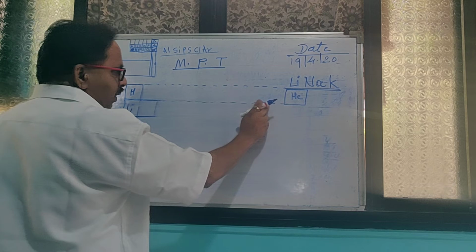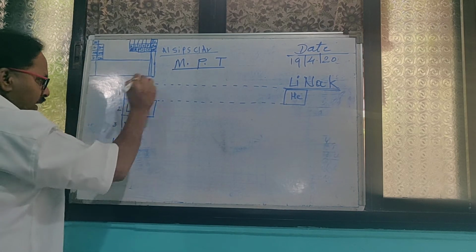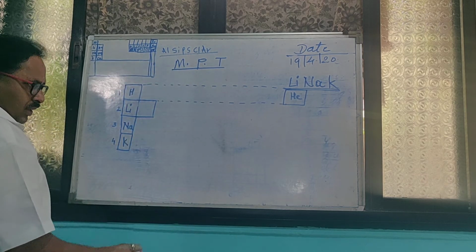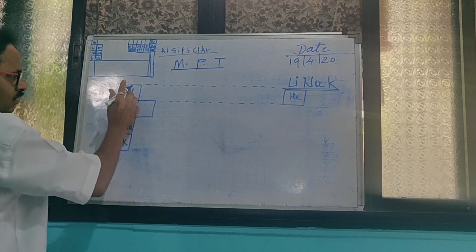groups 3 to 12. If you number the vertical columns, you know that there are 18 groups.